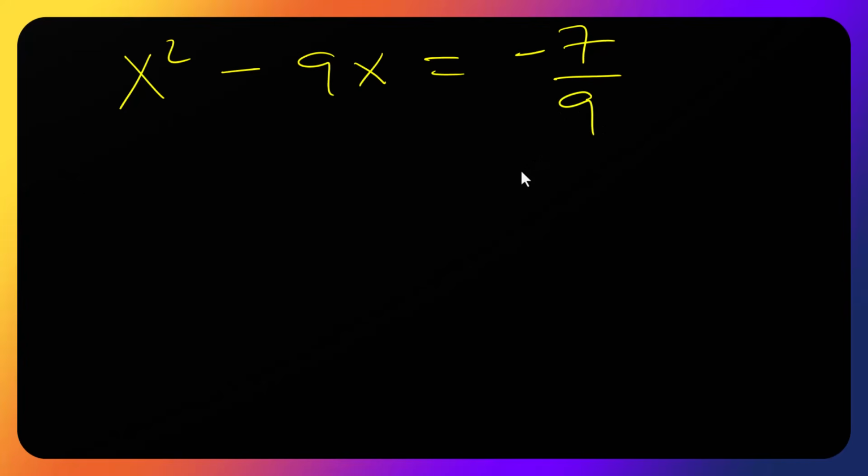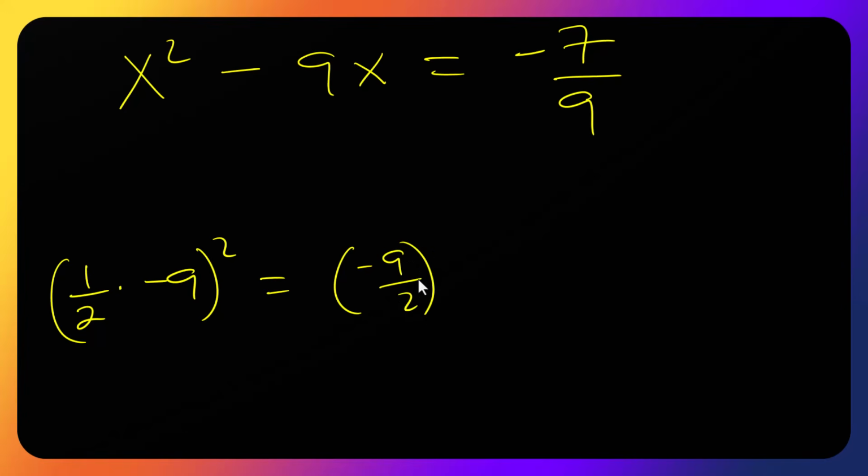Okay. So let's take half of the coefficient of x. So that will be half of minus 9, that will be minus 9 on 2. So we add this to both sides of the equation.